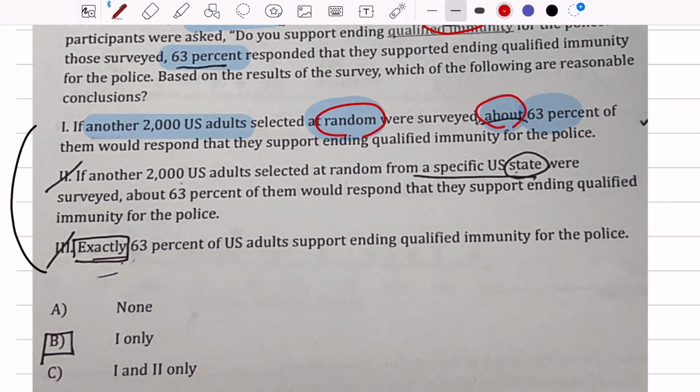So yes, this is reasonable. Option 2 says if another 2,000 US adults selected at random from a specific US state were surveyed, about 63% of them would respond that they support ending qualified immunity for the police.